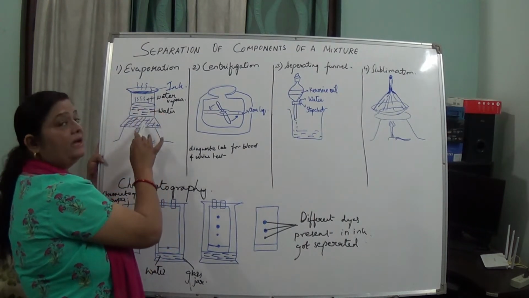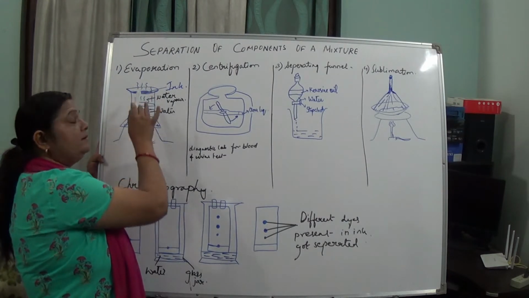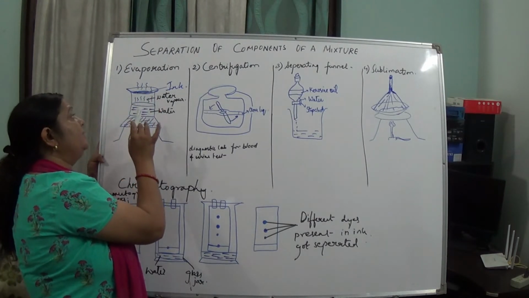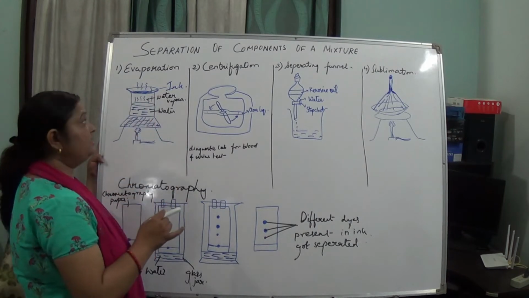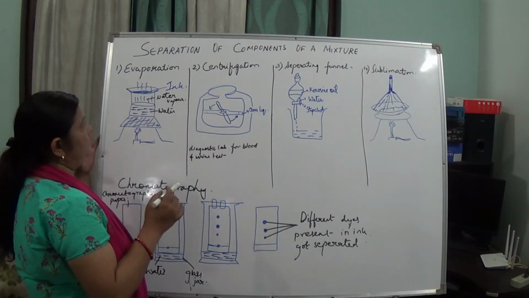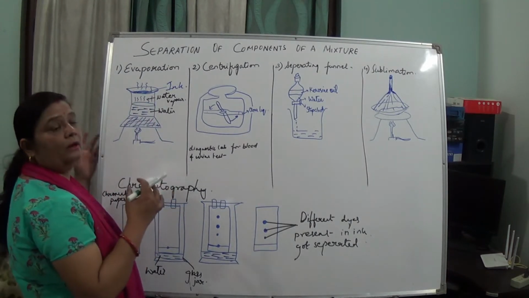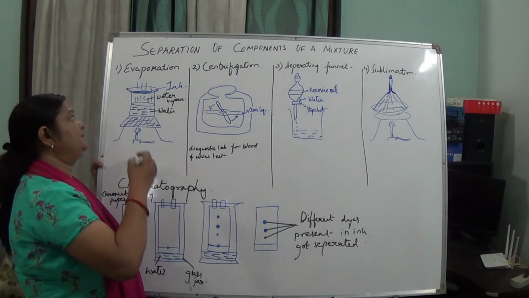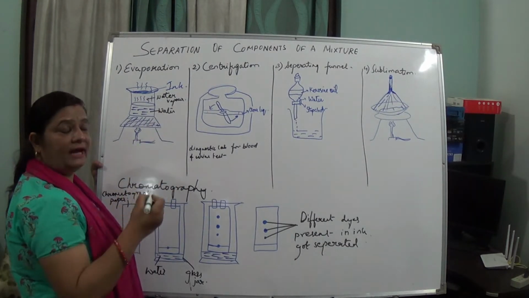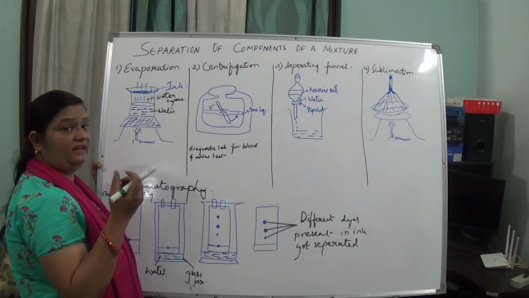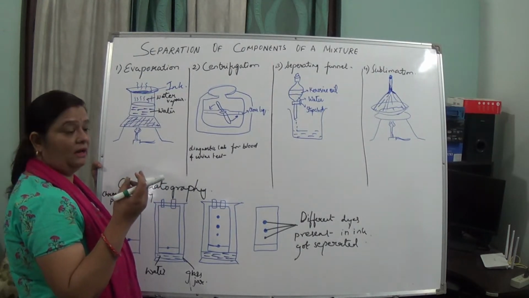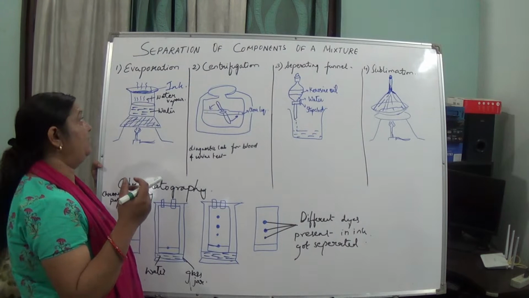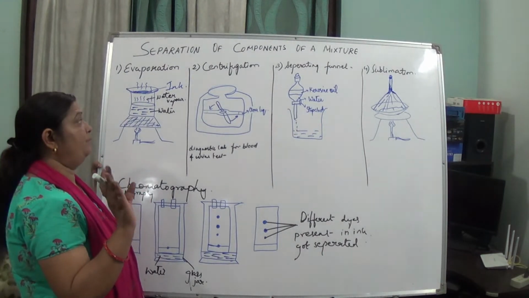We could have heated it directly, but if the heat is direct, the heating will not be even and the separation of the components of the ink will not be proper.